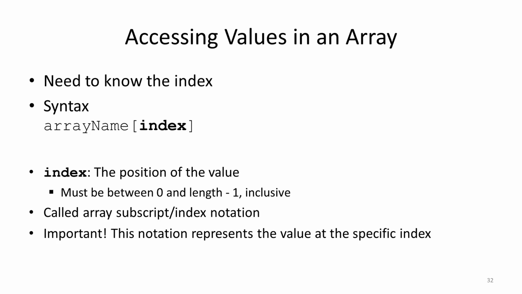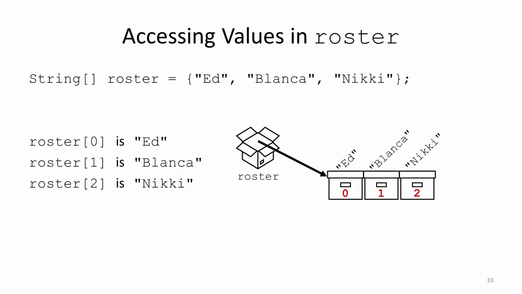You can do whatever it is that you would normally do with a value of that type. If it's a string, you can call methods of the string class. If it's a number, you can use it in some arithmetic or comparison. If it's a Boolean, you can use it as a condition. So if I wanted to access the individual values in roster, roster 0 is Ed, roster 1 is Blanca, and roster 2 is Nikki.